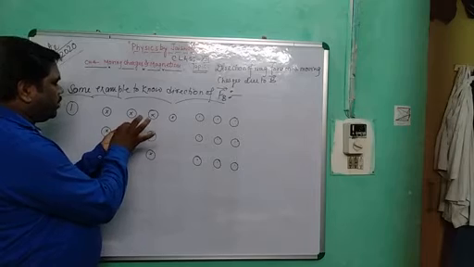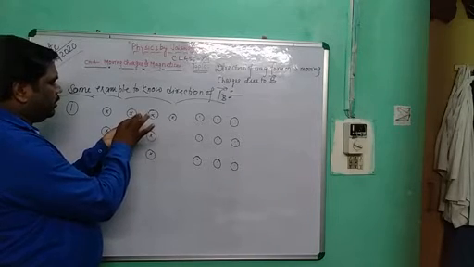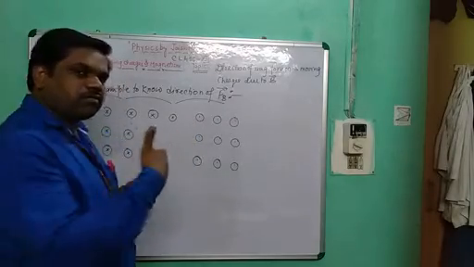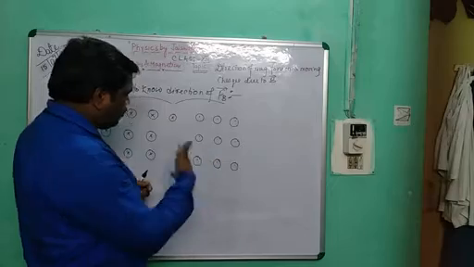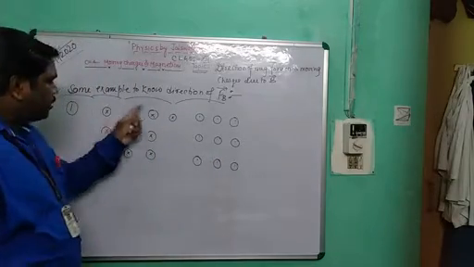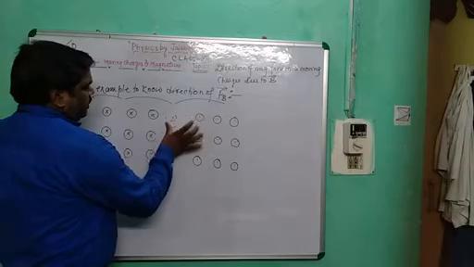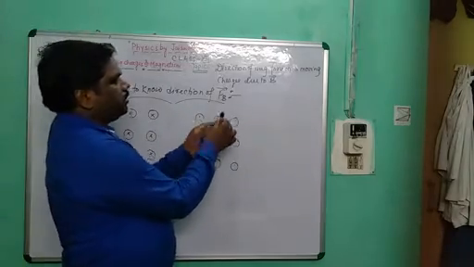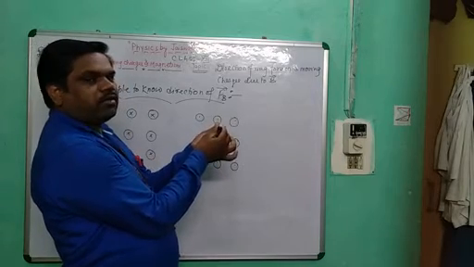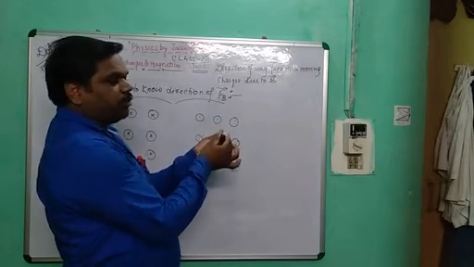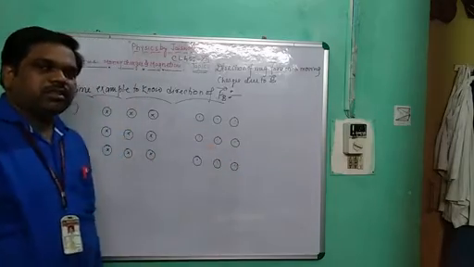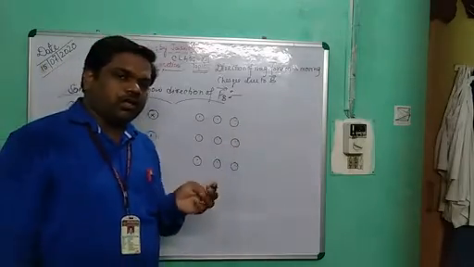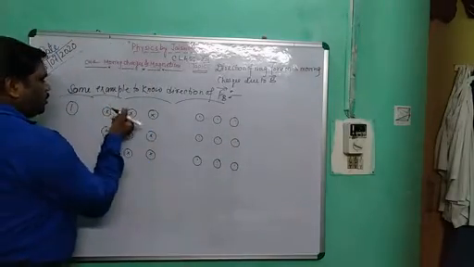So when we rotate this screwdriver like this, the screw will go inside. That is why this cross shows the direction of magnetic field inside, or inward. Rotate this screwdriver the other way, and it will come outside. That is why this symbol is used for showing the magnetic field outward. This is inward and this is outward.